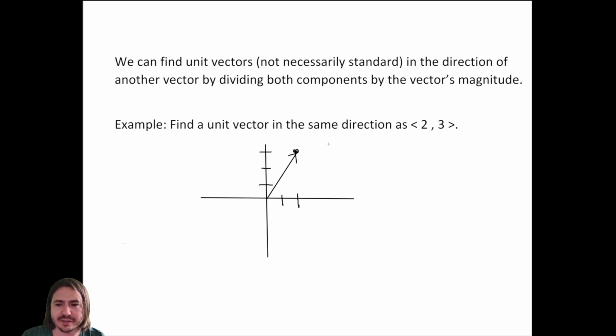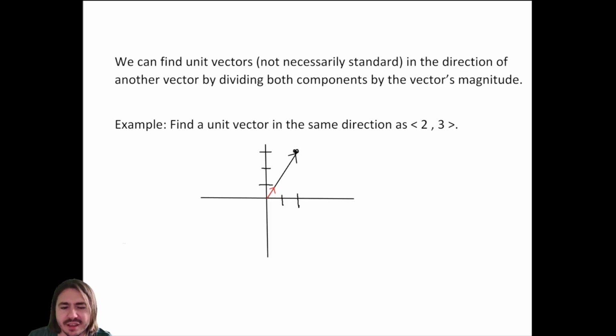But you can tell quickly visually that the magnitude of this vector is more than 1. So let's say we want to find a vector in that direction, maybe roughly here, that actually has a magnitude of 1. That's what this is asking for: find a unit vector in this direction.